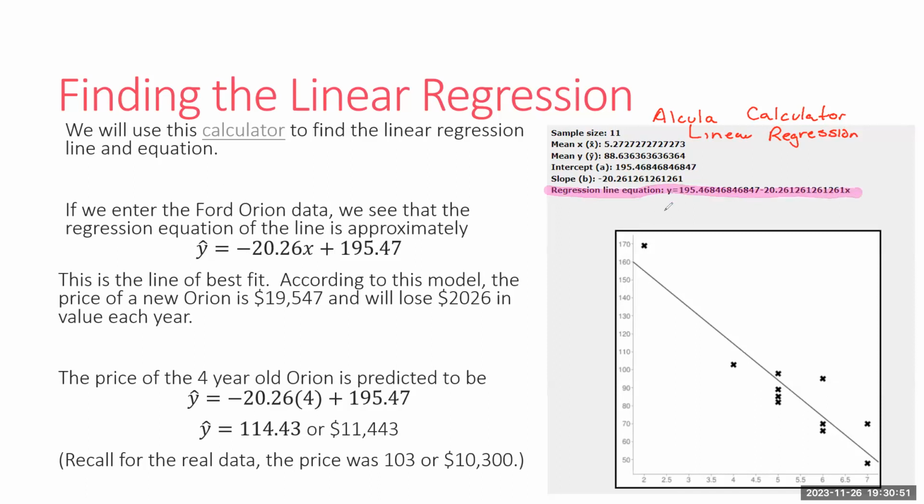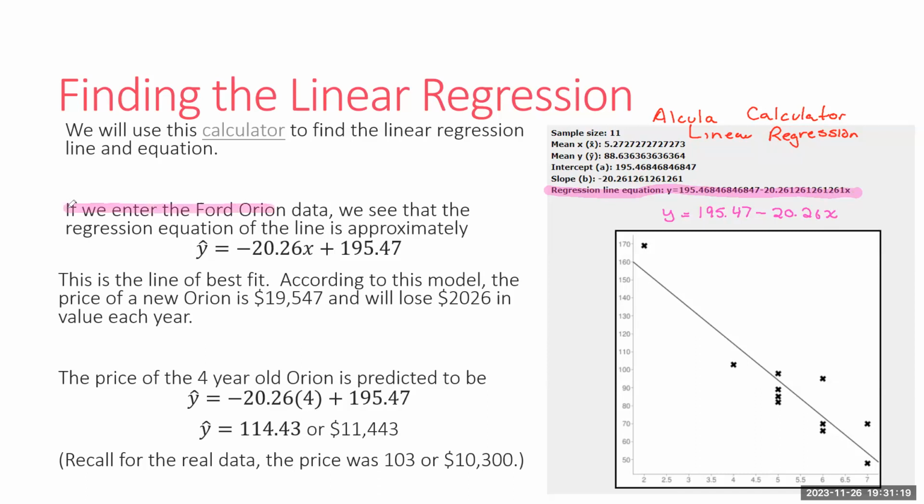Another way of writing it is y equals, and I'm going to round this to 2 decimal places, 195.47 minus 20.26 x, and we see the x's here. So that's how I end up with this line here.